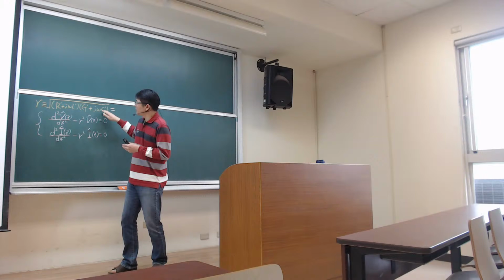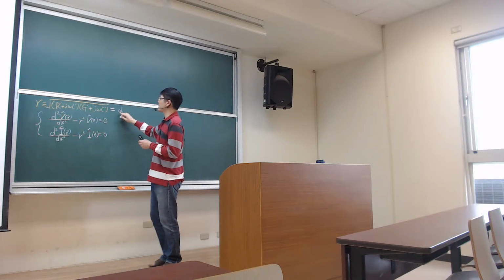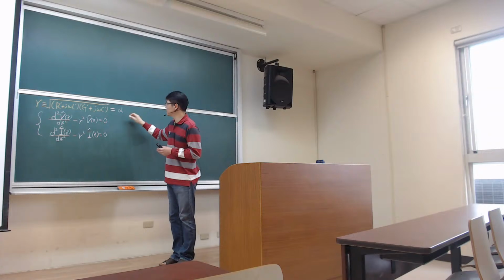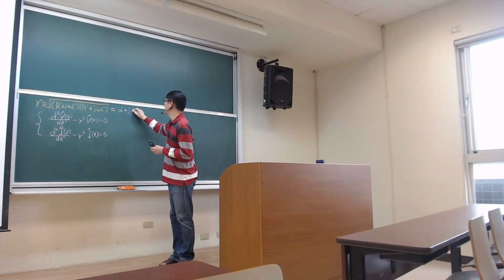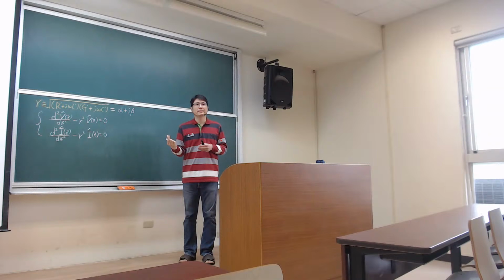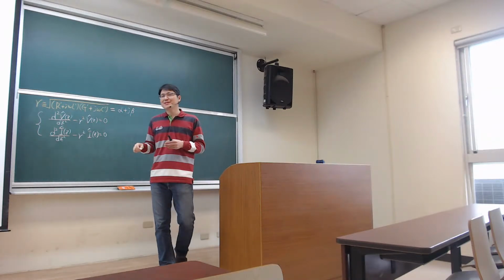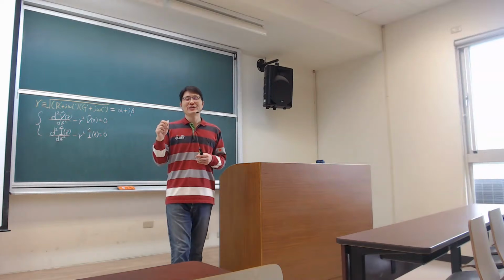So when you multiply this whole thing together and take the square root, you will have a real part and an imaginary part.